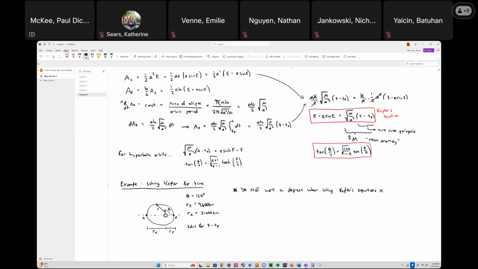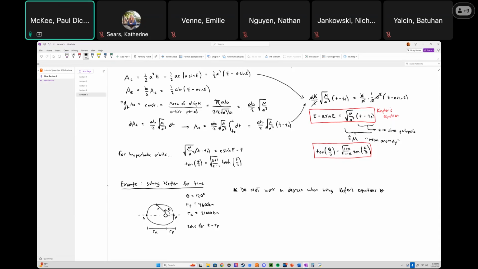I think degrees is fine. You'll notice the equation is E minus e sine E. So E, an angle, minus the sine of an angle. What we have here is a naked angle. It is an angle that you are not doing a trig function to. That has to be in radians. Otherwise, this whole equation falls apart. If you try to plug 120 degrees in for theta and then leave it in degrees, you're going to have a bad time. We need to work in radians. So just wanted to make that point.